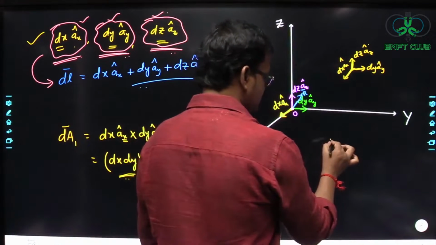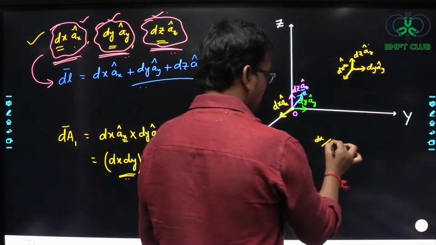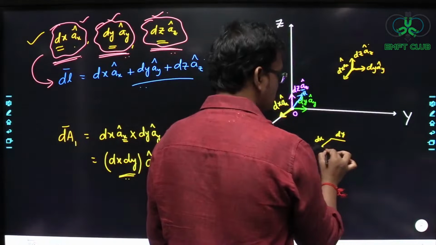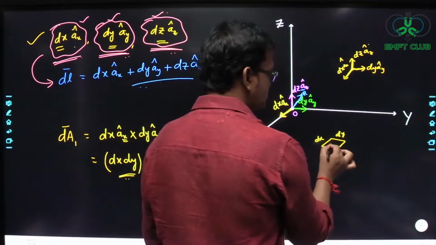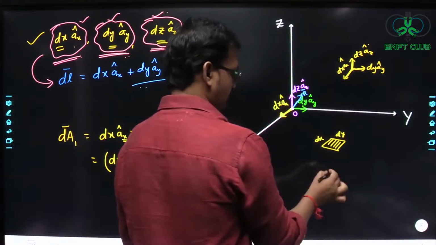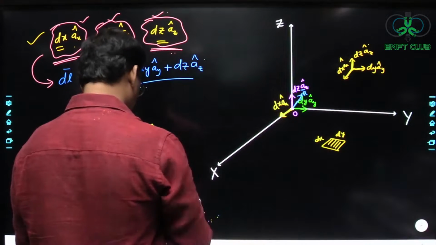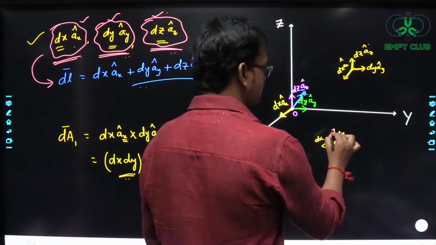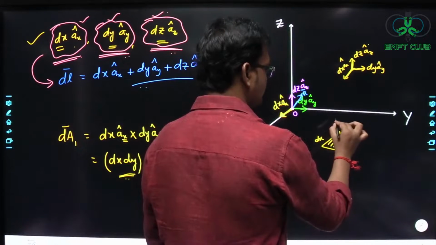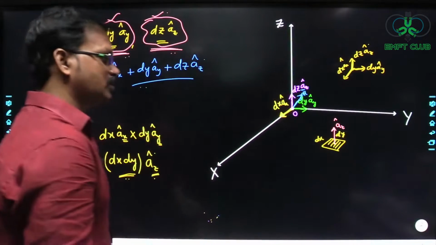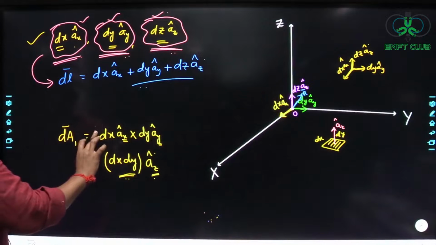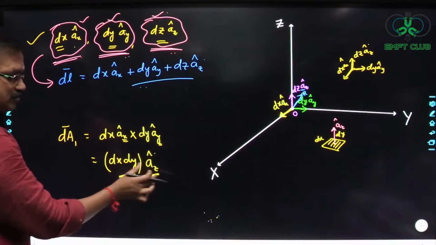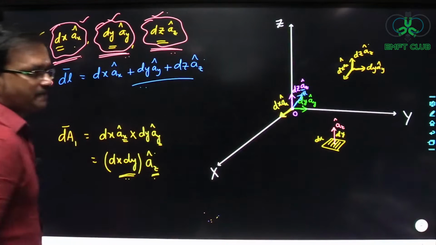Let us say this is dx, and I draw a parallel to y, so let us say this is dy. If you multiply these two, you get dx dy. If you draw a normal to this plane, it points in the az cap direction. Here we have done dx ax cap cross dy ay cap, so that's why we got the direction of the surface as az cap.